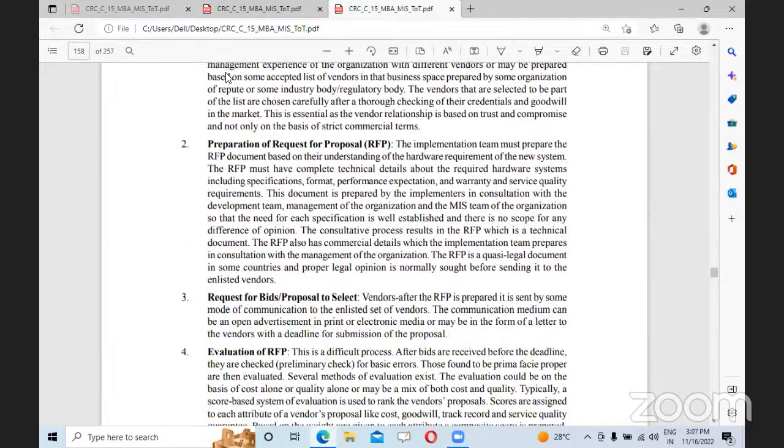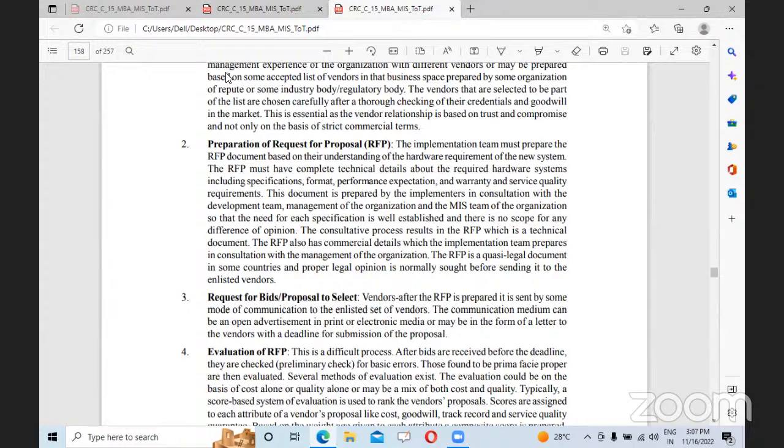Next point is preparation of requests for proposals. The implementation team must prepare the RFP document based on their understanding of the hardware requirements of the new system.